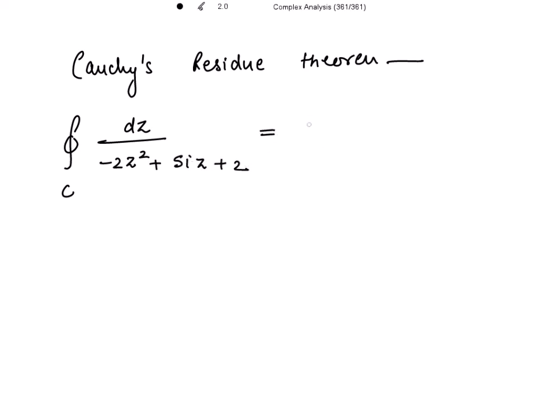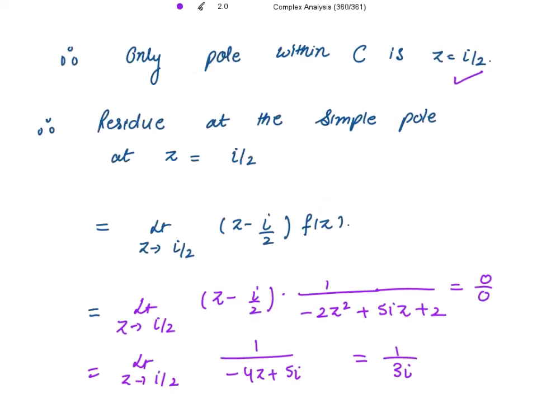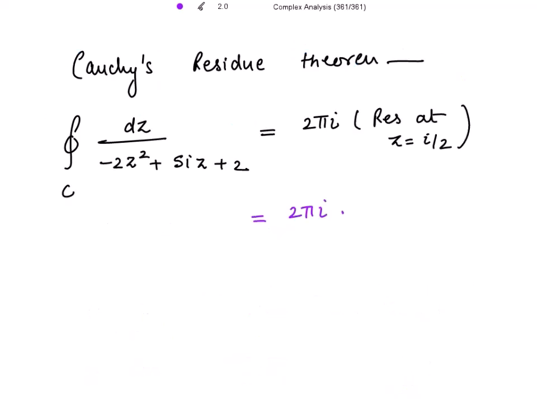So the value for this integral by Cauchy's residue theorem is 2 pi iota multiplied with the residue at the point which is lying inside the circle. So this is 2 pi iota. Okay, what is the residue? We have just calculated, it is 1 divided by 3 iota, right? So iota cancels out, and we get 2 pi by 3.